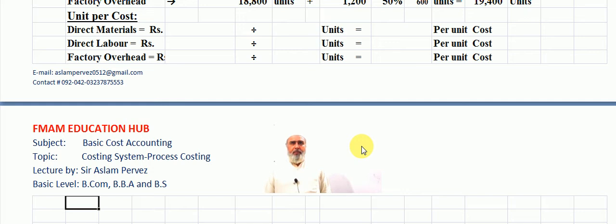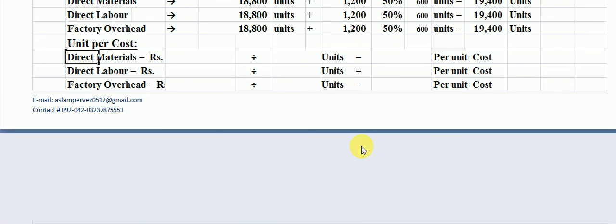Now students, we put the cost: direct material here, which is 77,600 rupees as a material cost, same as direct labor cost 97,000 rupees here, and factory overhead cost is 58,200 here.